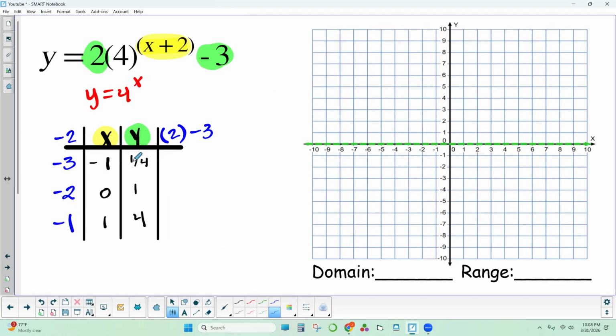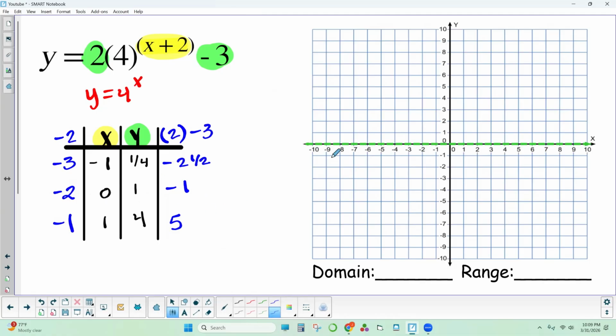I'm going to take 1/4 of 2, which is 1/2, minus 3, which is -2.5. And then I'm going to take 1 times 2 minus 3, which is -1. And then I'm going to take 4 times 2, which is 8, minus 3, which is 5. So in blue here, I've got my transformed points.